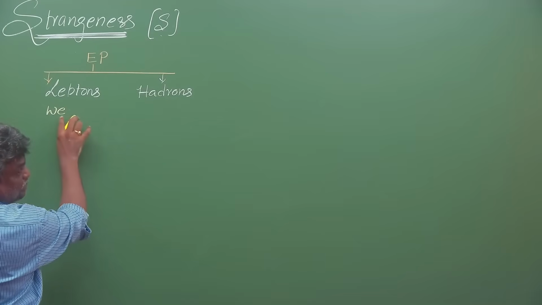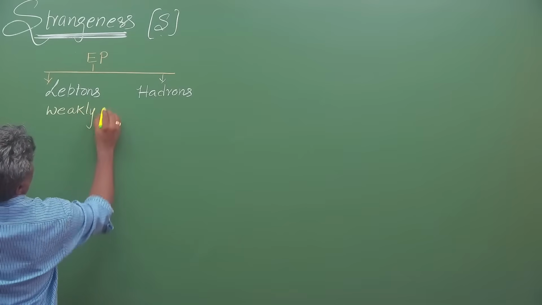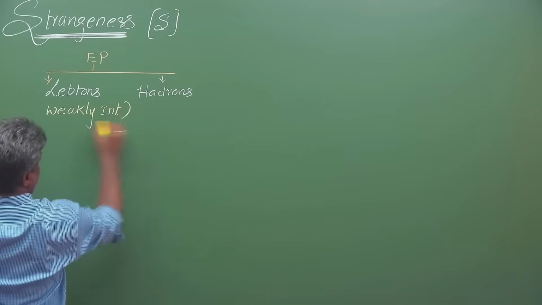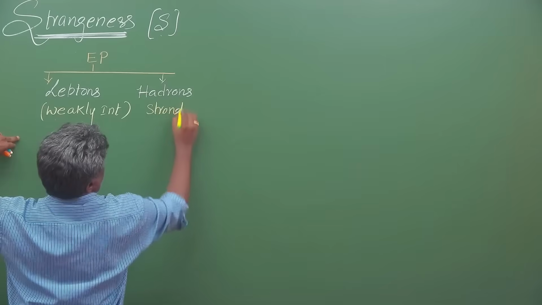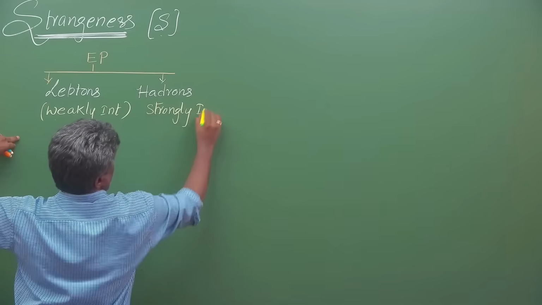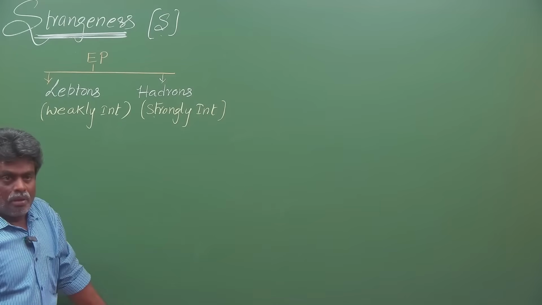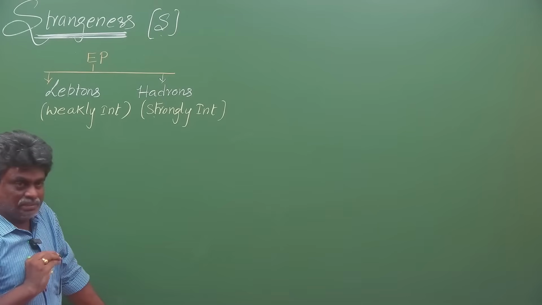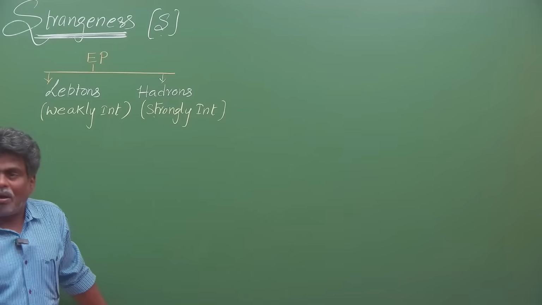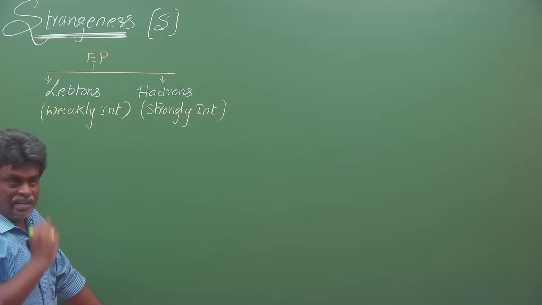Weak means W-E-A-K. Weakly interacting. Hadrons are strongly interacting. This is by nature. All leptons must undergo weak interaction while they are interacting. All hadrons must undergo strong interaction by their nature.